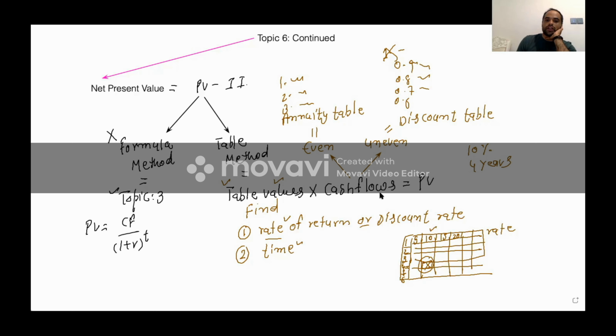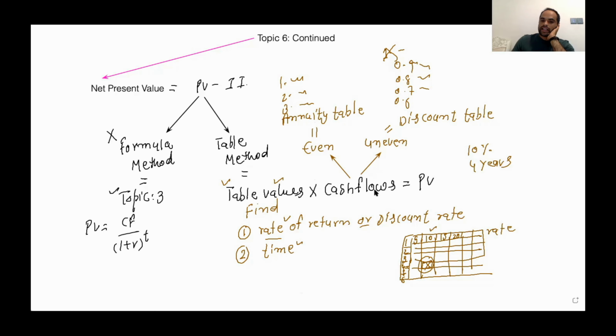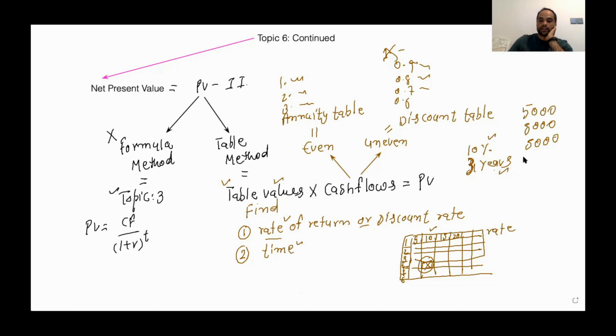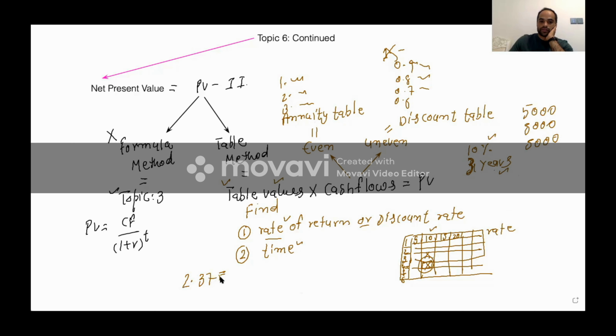Now, be careful when you write down the cash flows. If your cash flows are even, so let's say first year 5,000, second year 5,000, third year 5,000, rate 10%, time 3 years. Whatever the value is here, for example 2.375, that's your table value.